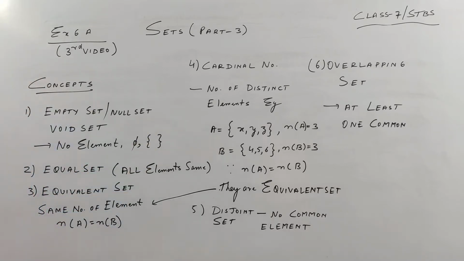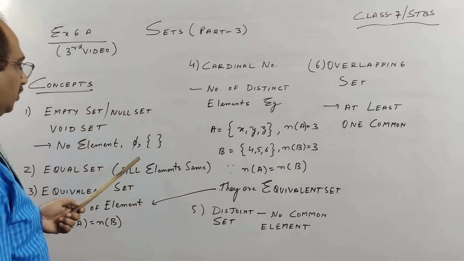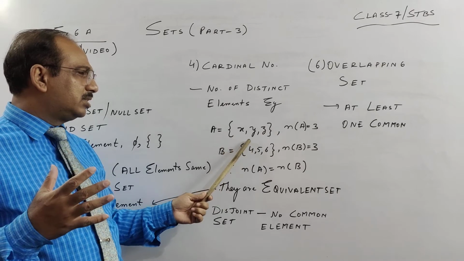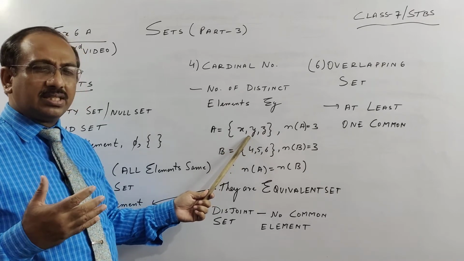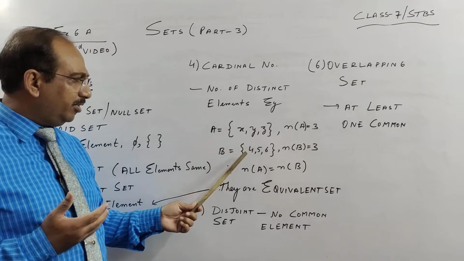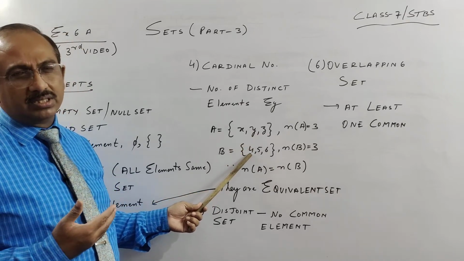So let us see the first concept, which is called empty or null set or void set. So as I told you, in sets, children, if you see these braces, when you put something inside them, then this becomes a collection of well-defined things. We don't repeat a thing inside the braces.